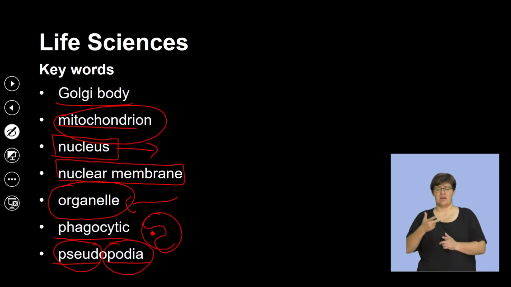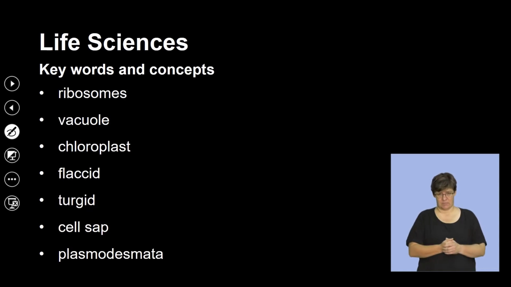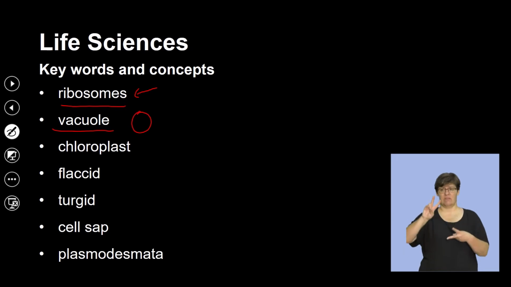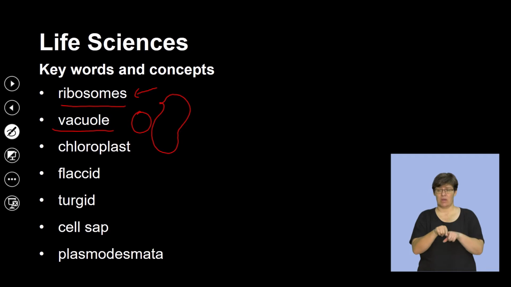So these are structures that are used to move organelles or cells. An important organelle is the ribosome, which we need to remember is crucial to protein synthesis. A vacuole is an organelle that has a specific function in animal cells, but is very important in plant cells, where it makes up a large component of the cytoplasm.